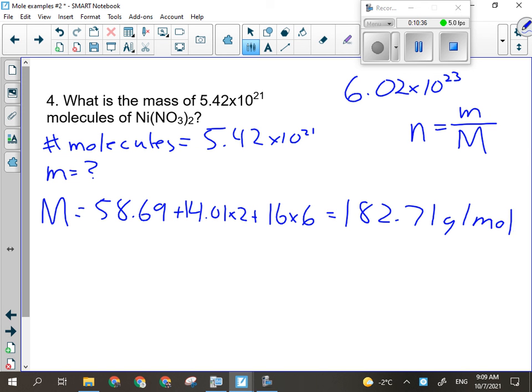I know the number of molecules, and I know the number of molecules in 1 mole. I need the number of moles. How can I get it with those 2 numbers? Divide them, the opposite of what I did in the last question. I have 5.42 times 10 to the 21, and if I divide that by the number of molecules in 1 mole, I will be left with the number of moles, and it'll be a decimal.